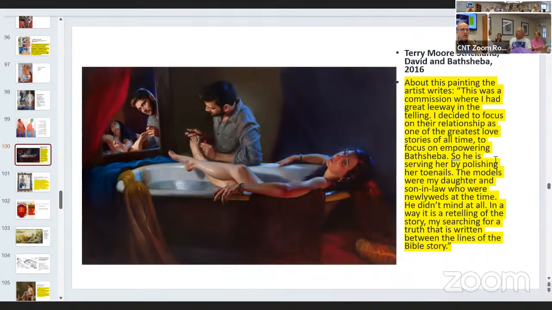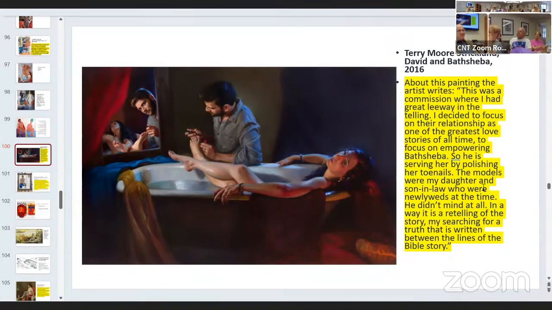So he is serving her by polishing her toenails. David is polishing Bathsheba's toenails. "That was hilarious. The models were my daughter and son-in-law, who were newlyweds at the time. He didn't mind at all. In a way, it is a retelling of the story, my searching for a truth that is written between the lines of the Bible story."